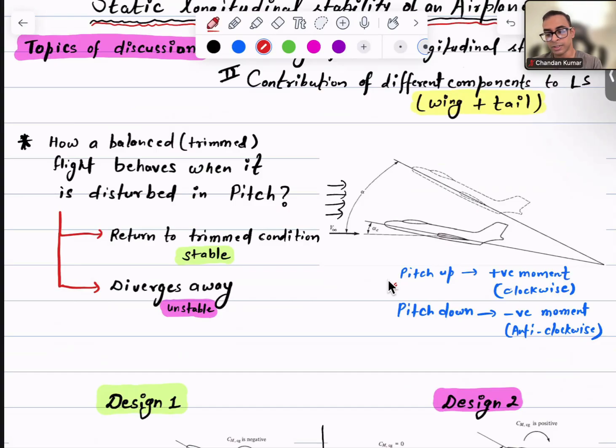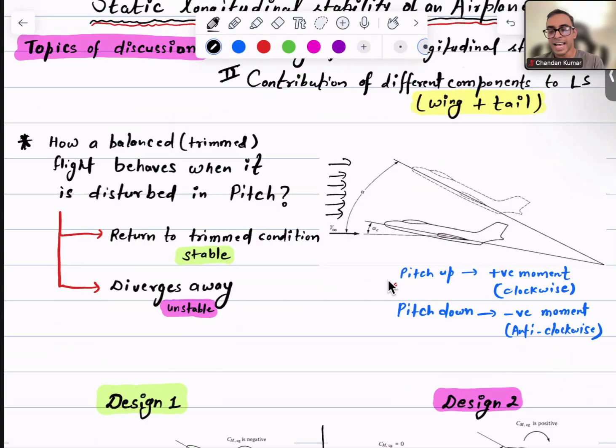We have a figure of an airplane flying at a trimmed condition with angle of attack alpha e, and all of a sudden a gust of wind comes from the left hand side and disturbs the airplane and changes the angle of attack from alpha e to alpha.